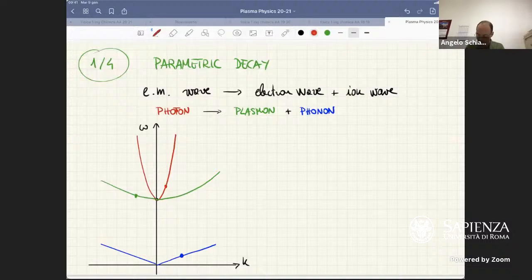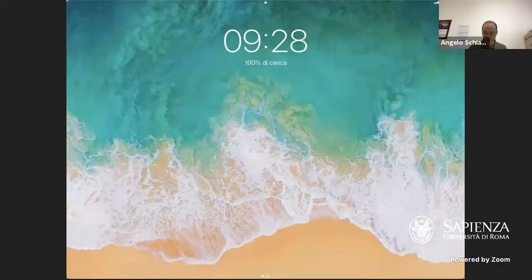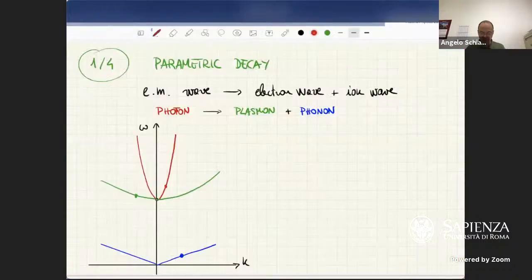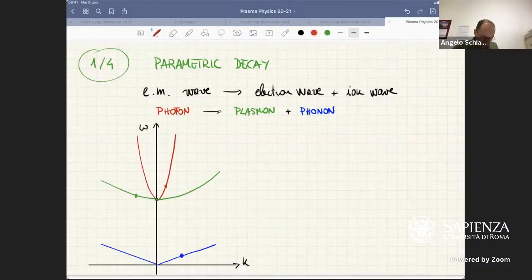I pushed the wrong button, okay. So we have the incoming photon here. Nope, I have to use this tool here.